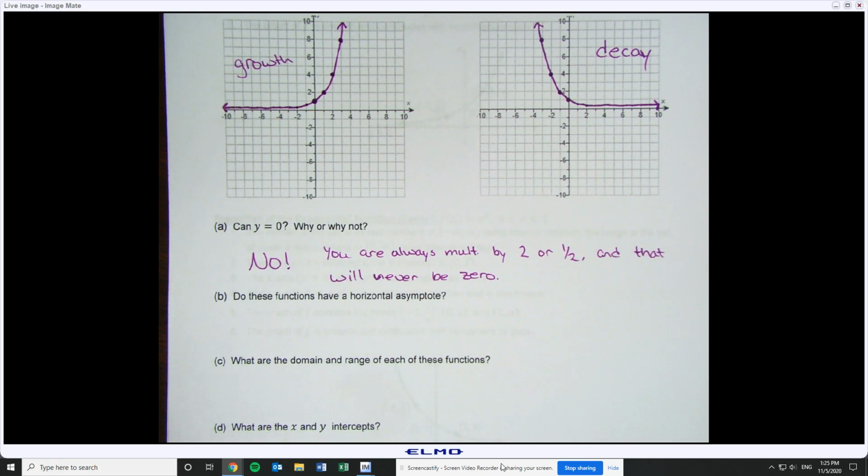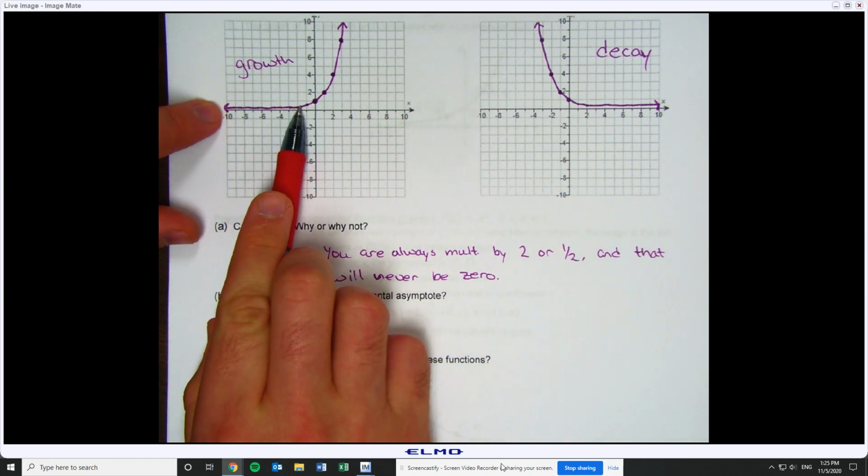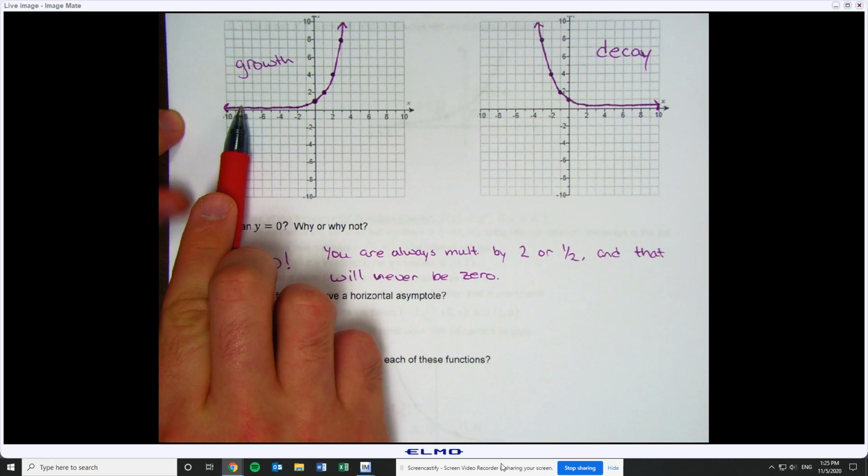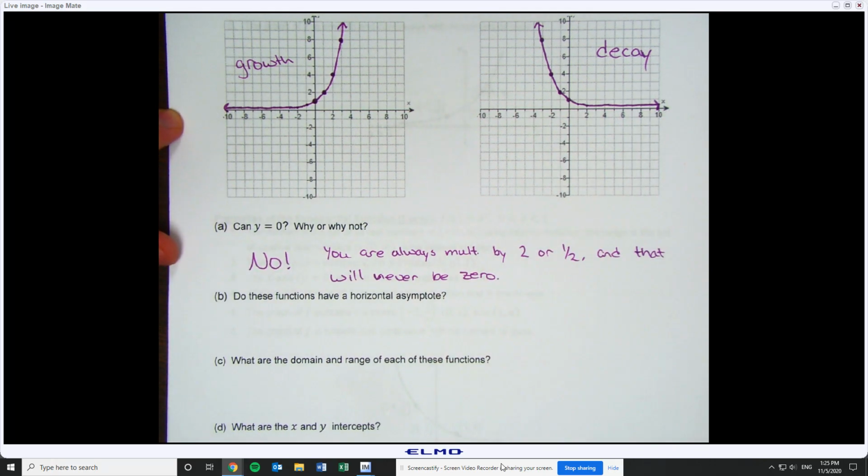Okay, next question. Do these functions have a horizontal asymptote? Well, we know that horizontal asymptotes are horizontal lines, ones that go left to right, and asymptote means that it's something that my graph follows. So looking right now, I see that over on this side, my graph goes flat and follows a horizontal line. So the answer is yes.